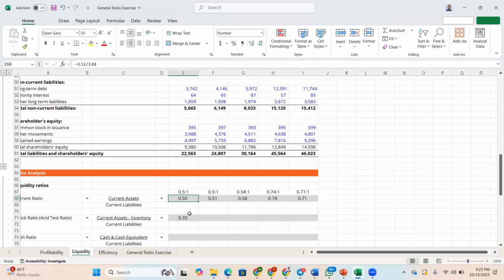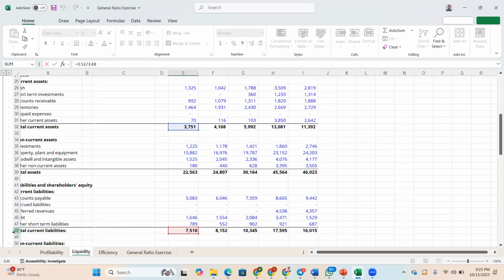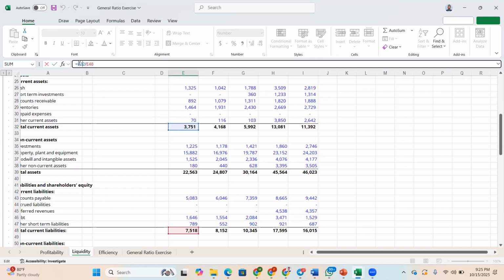If you check, 48 is where the current liability is, and 32 is where the current asset is. There's a way we can tell Excel, it is this line I want, don't change it. Because if you don't give Excel that instruction, Excel will automatically move the line. But you're telling Excel that no, I want to use current assets.